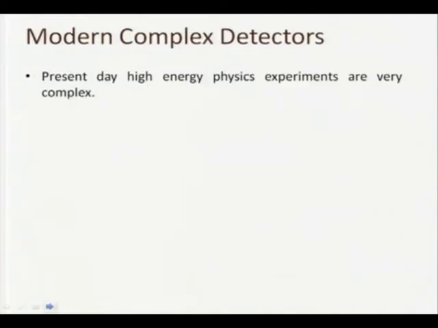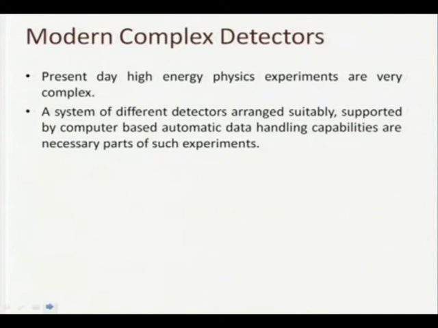Now, coming to the modern complex detectors, we need many different types of these basic detectors, a large number of them arranged in a detector system, which can be considered as a big detector with different small parts. The detector will have a silicon strip detector and various other parts which absorb the particle and give you information about the energy and various things.